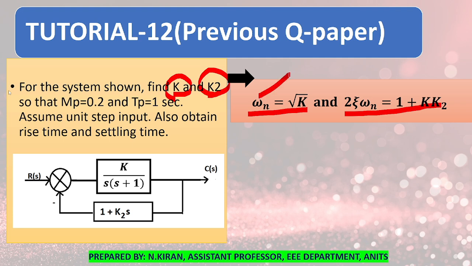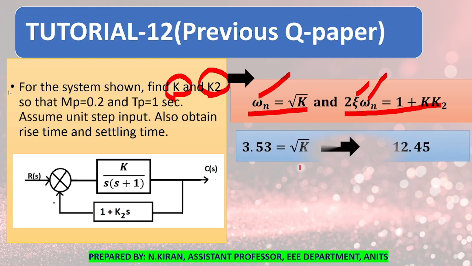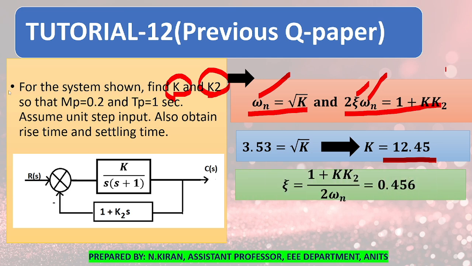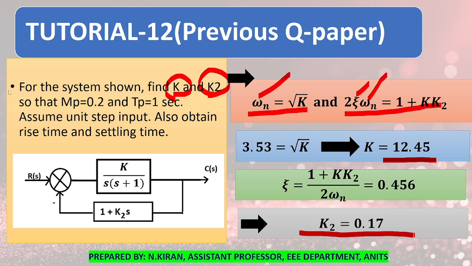We have found out the value of omega n as well as zeta. So from that, if I substitute, that will give me the value of k as 12.45, and from the second expression, if I substitute, that will give me the value of k2 as 0.17.